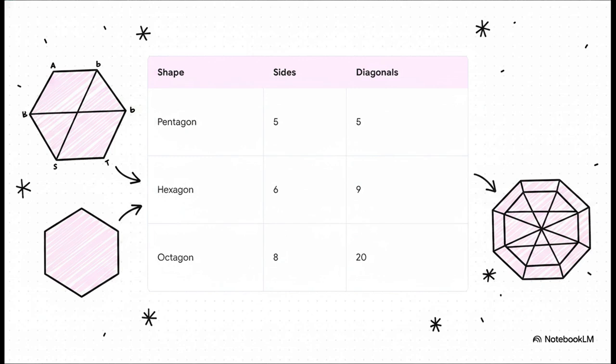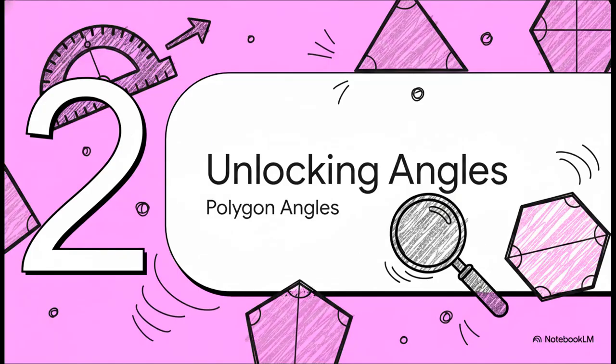Just look at the pattern. A pentagon has 5 sides and 5 diagonals. A hexagon jumps to 6 sides and 9 diagonals. And then our octagon, with 8 sides, skyrockets all the way to 20 diagonals. You see, you really don't need to manually draw every single line if you just have these relationships locked into your memory. Moving right along to Section 2, unlocking polygon angles.